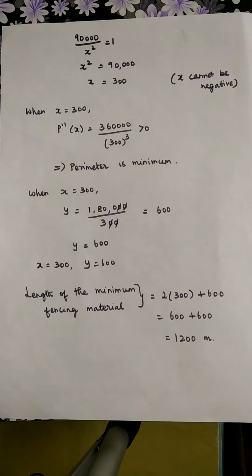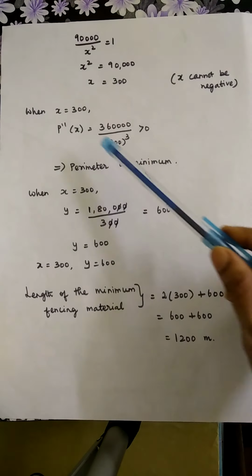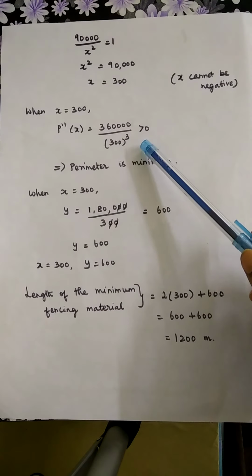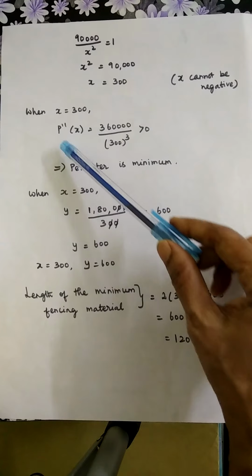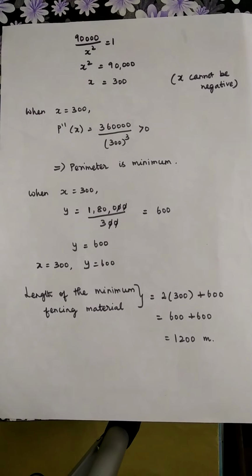Now substitute x equal to 300 in second derivative. P double dash of x equal to 3,60,000 divided by 300 cube. This is positive, greater than 0. Second derivative greater than 0, so that implies P, P na perimeter. Perimeter is minimum.